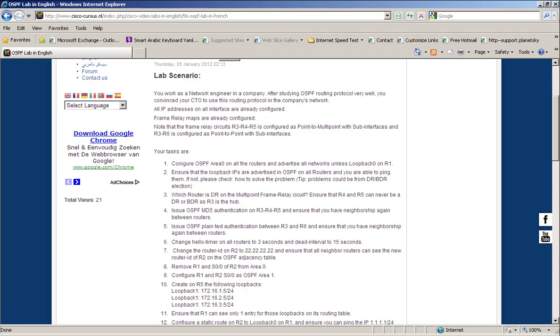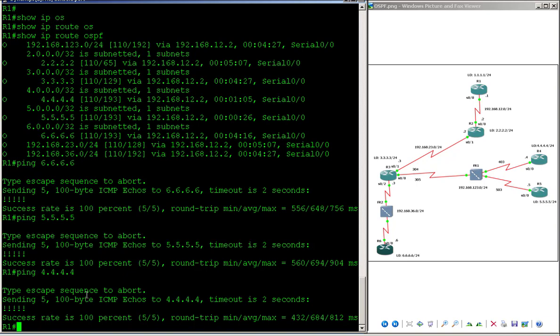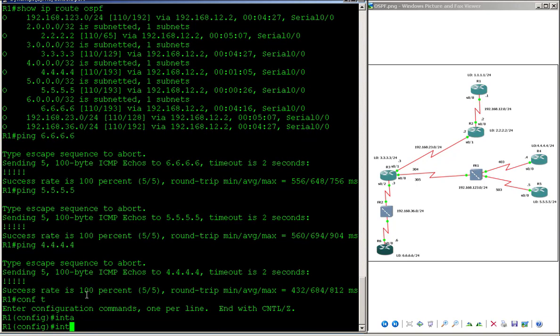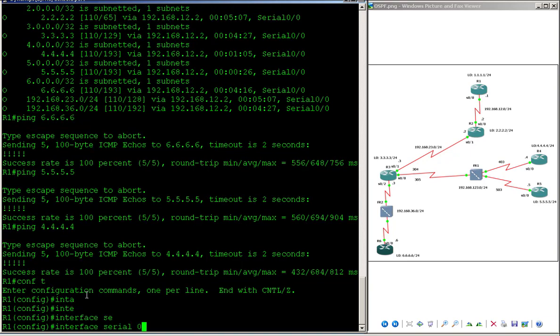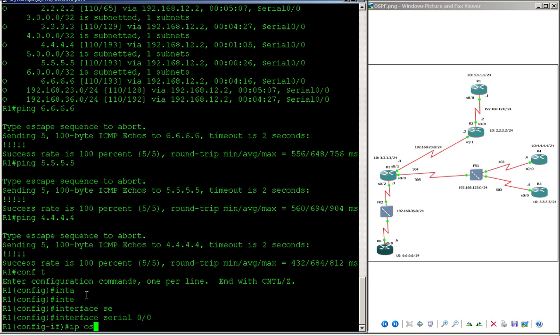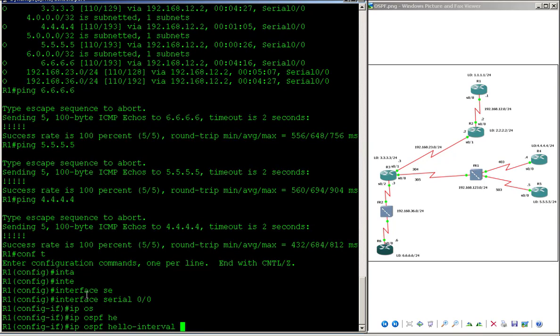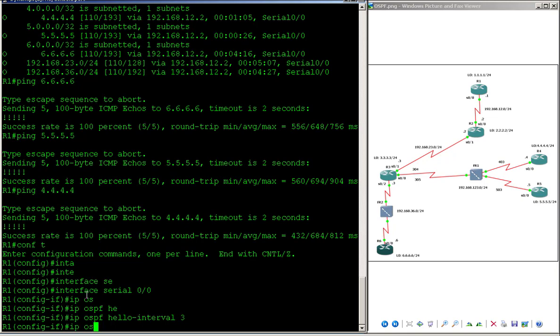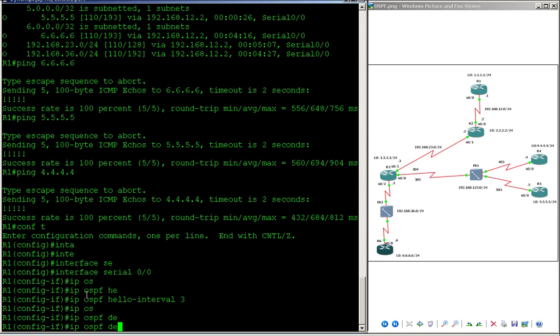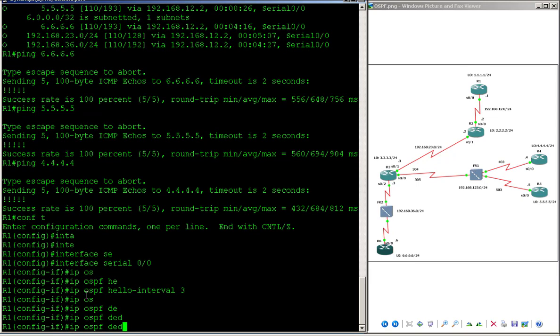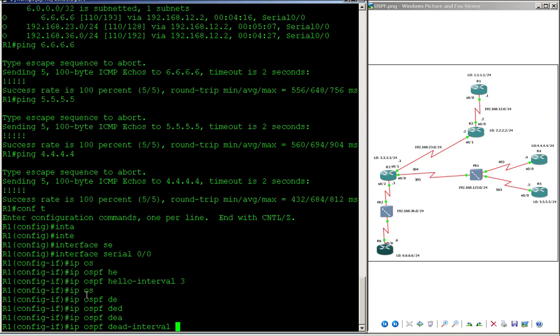So if I go to router 1, interface 0/0, ip ospf hello-interval 3 and ip ospf dead-interval 15.